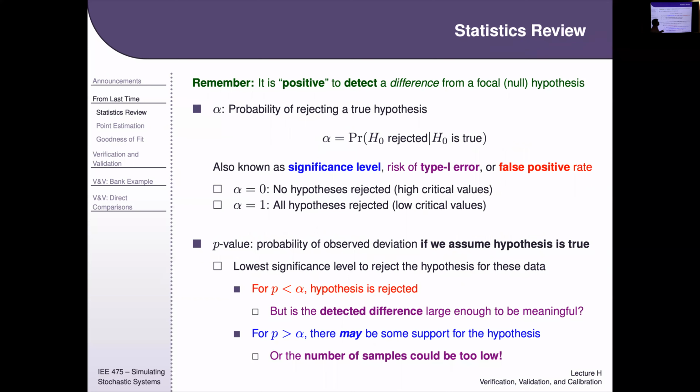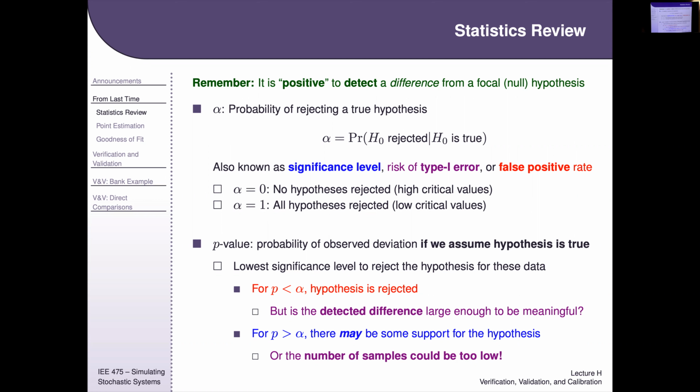All right, so these are our formal definitions. We've got this alpha, the significance level. That's the type 1 error rate or the false positive rate. We're going to use the term positive as detecting a difference from the null hypothesis. So again, the null hypothesis is kind of what we assume would be the normal case if nothing exciting was happening.